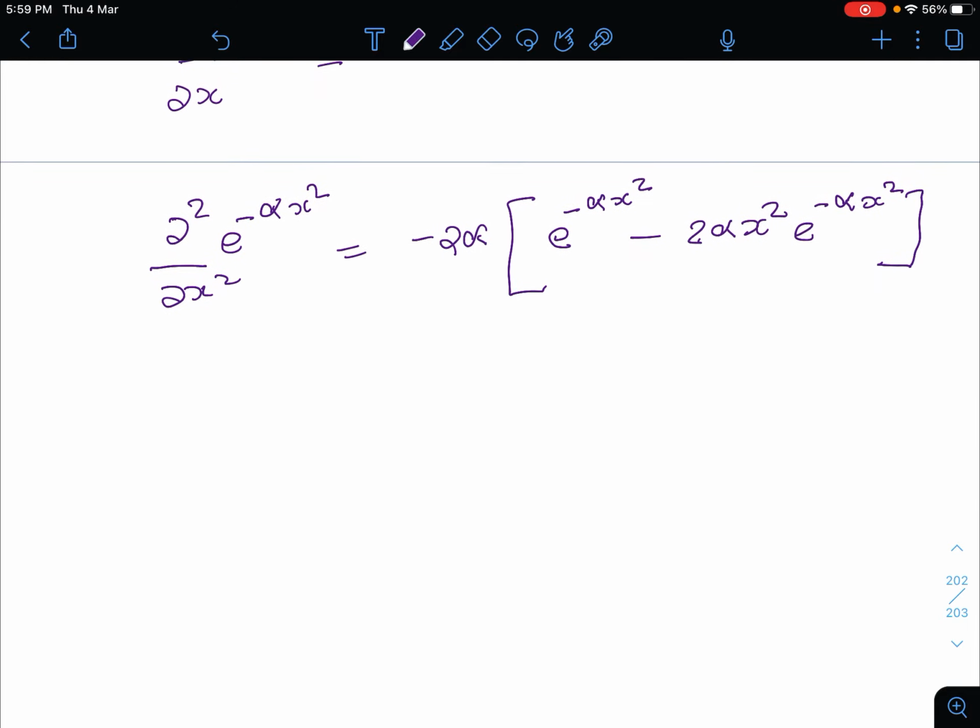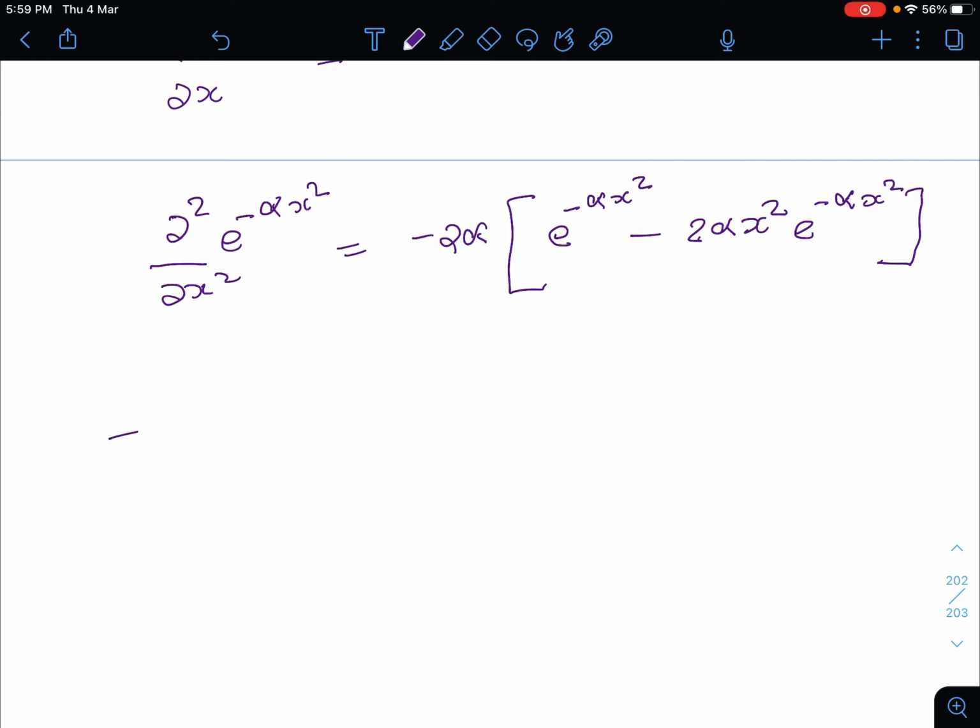So this becomes minus 2 alpha, I'm just taking it outside because it's a constant, integral minus infinity to plus infinity, e raised to minus alpha x square is already here. Then you will be having another minus alpha x square there.